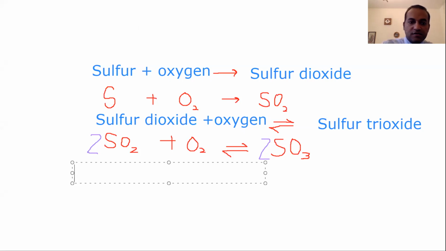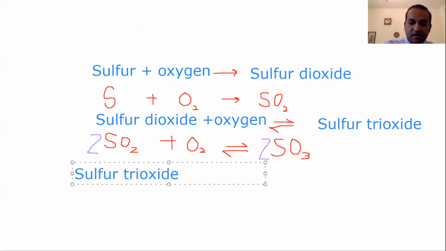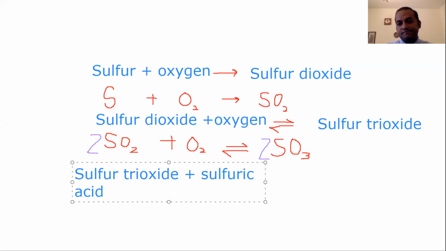Okay, so same, sulfur trioxide plus sulfuric acid. Okay, then we draw an arrow here. Red color.